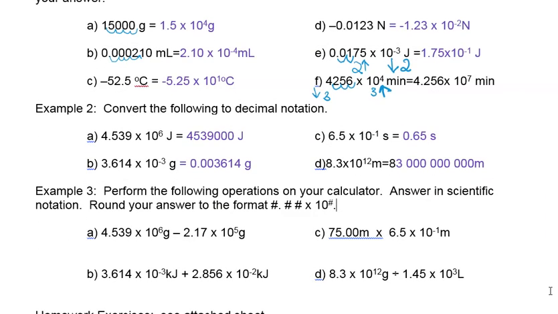So when you're putting scientific notation into your calculator, a common mistake is not to know how to use your calculator properly. So scientific notation on most calculators, when you're entering it, there's a special button on your calculator that does the times 10 for you.